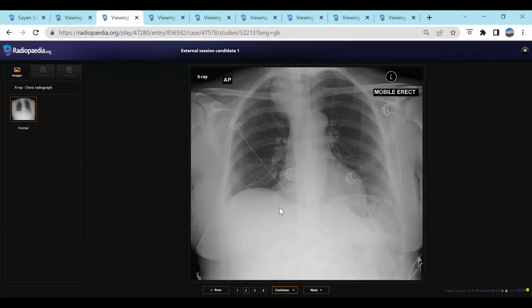Subtle lucency can be seen along its upper margin, and there is a slight mass effect over the adjacent trachea. However, no abnormal calcification, lucencies, or cavitation is noted within this lesion.